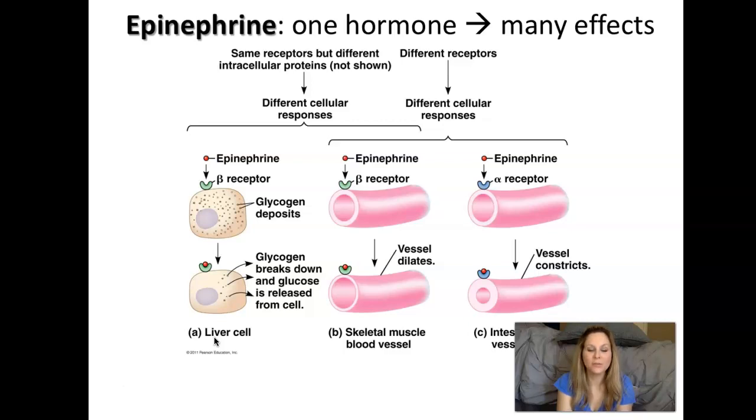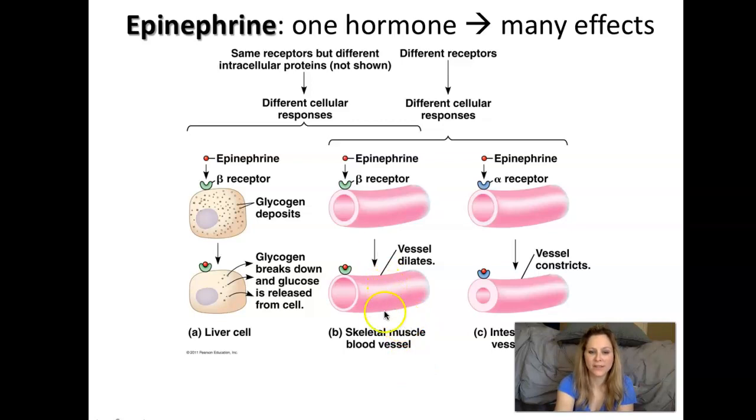And in order to get glucose, epinephrine is going to activate liver cells that are storing glycogen. Remember, glycogen is made up of long chains of glucose. So it's going to mobilize the glucose that is stored as glycogen in the liver so that ATP can get made so that a person has energy to fight or to run.